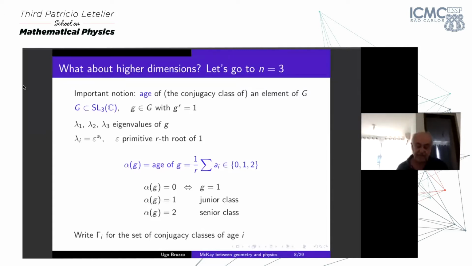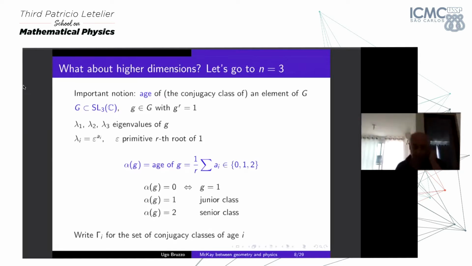So we sum these numbers a_i, related to the eigenvalues of the matrix representing the group element, and we divide by r. It turns out that due to the fact that this group acts inside SL3C, the age can have values 0, 1, and 2. Actually, only the identity has age 0.